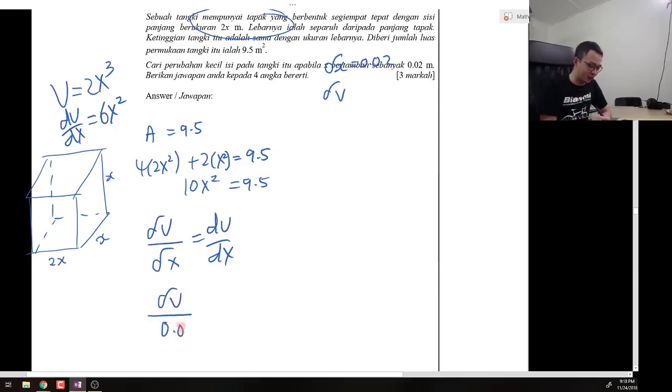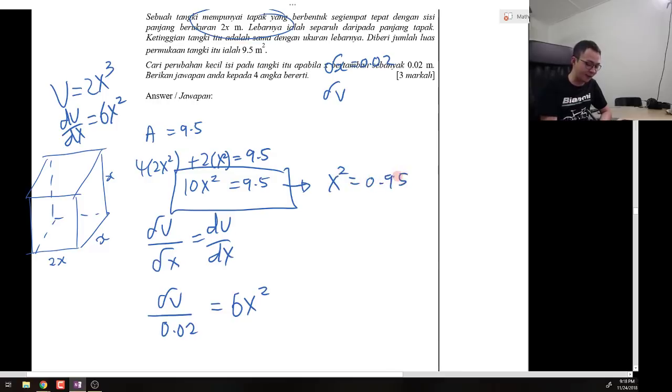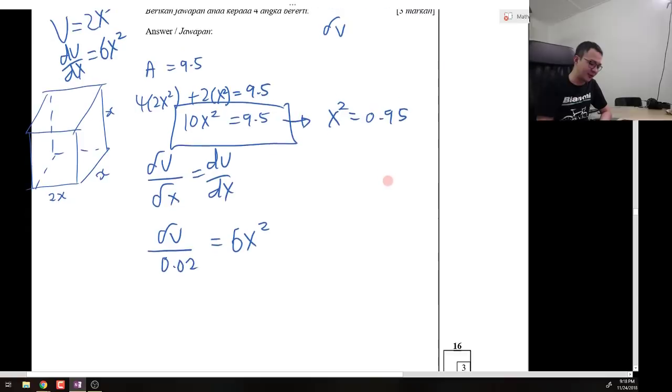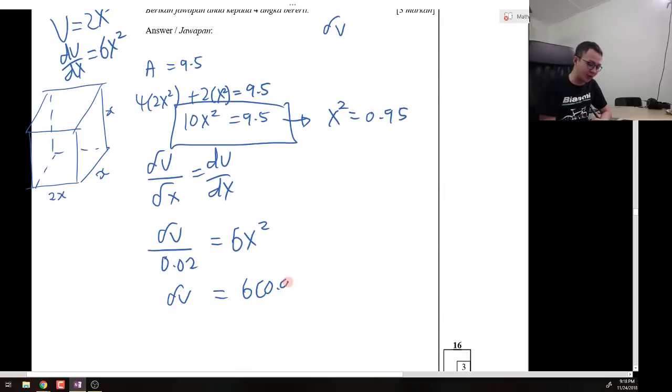This is 0.02 given. Then dV/dx equals 6x squared. So from here, I can get the x value. So the x squared value equals 0.95, because divide by 10, right? So therefore, change of V equals 6 times 0.95 multiplied by 0.02.